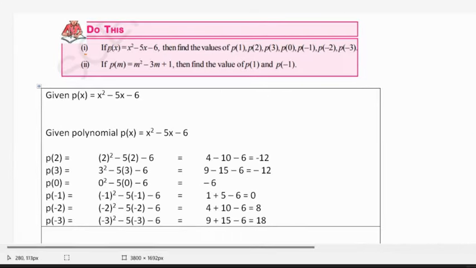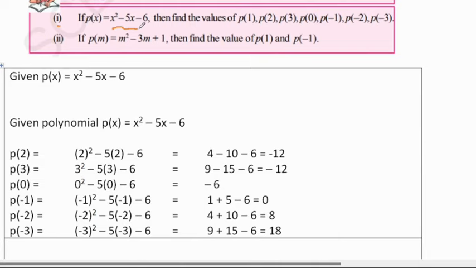Do this first one. If p(x) is equal to x square minus 5x minus 6, then find the values of p(1), p(2), so on up to p(minus 3). So given p(x) is equal to x square minus 5x minus 6. We have to find p(1), first one. Wherever there is x, we have to replace it with the value 1.